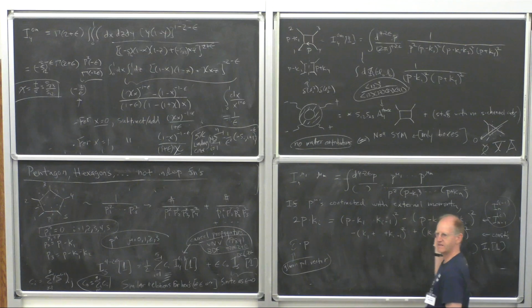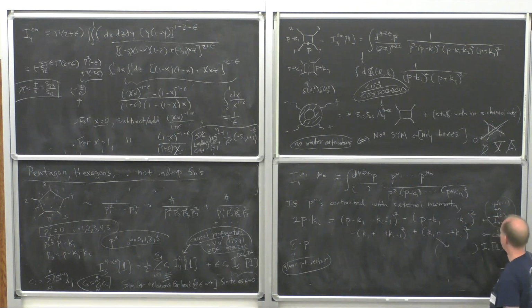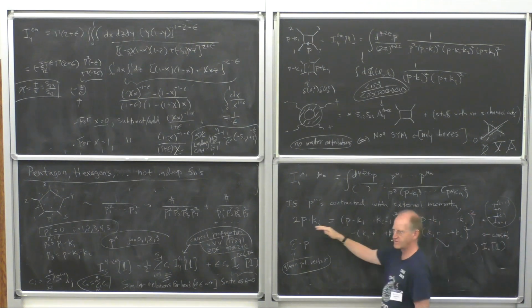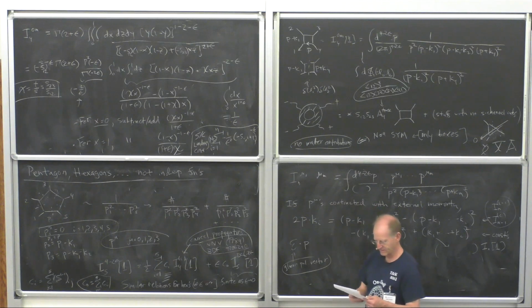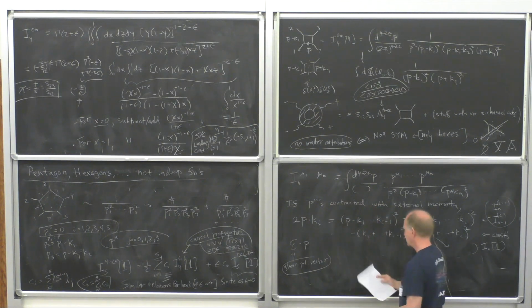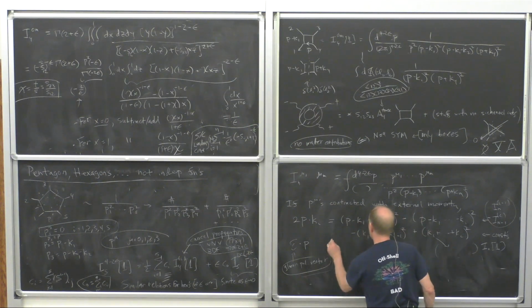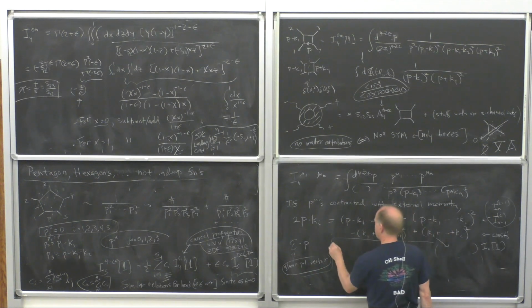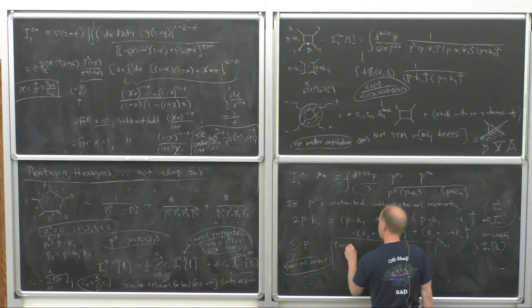Then you can use this identity once, but after you use it for the first guy, you will have lost some of the propagators, and then it's no longer possible to use it the second time. So the solution for that was called Passarino-Veltman reduction.